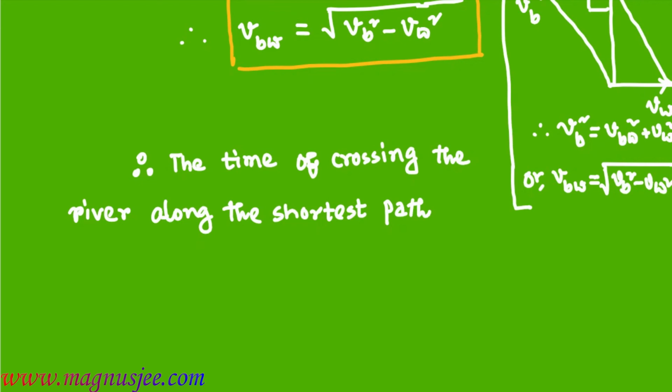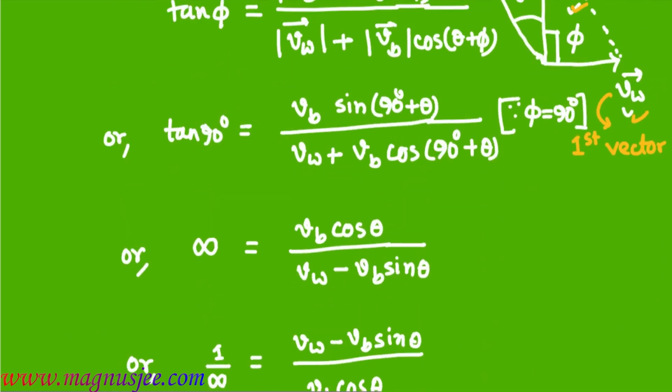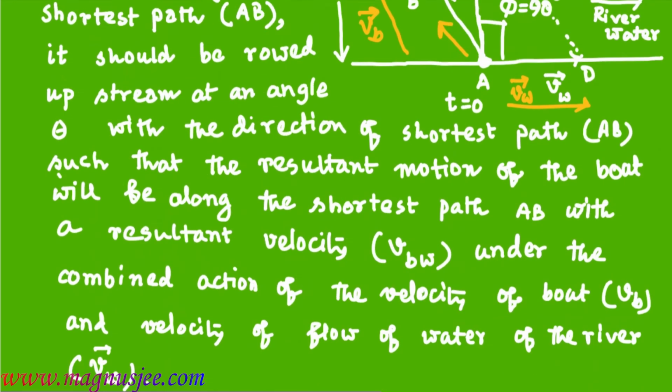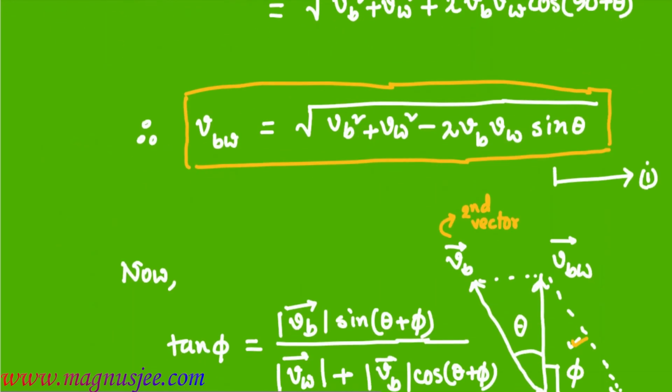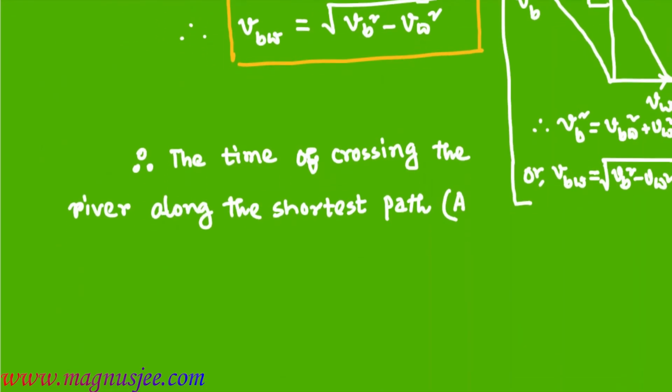The time of crossing the river along the shortest path AB is given by T equals D by VBW, distance by VBW, where D is the width of the river.